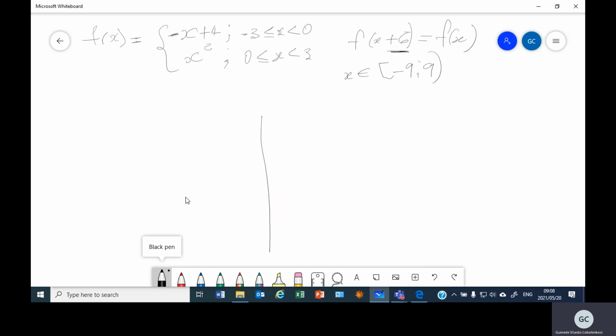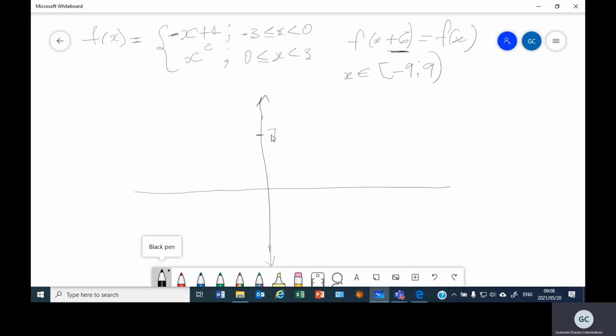So let's see. Let's see what is going to happen. All right, so the first thing is you sketch the first piece of a function. So you take minus 3 as value, you substitute here. Minus 3 plus 4. I suppose that is 7, is it? So 7.